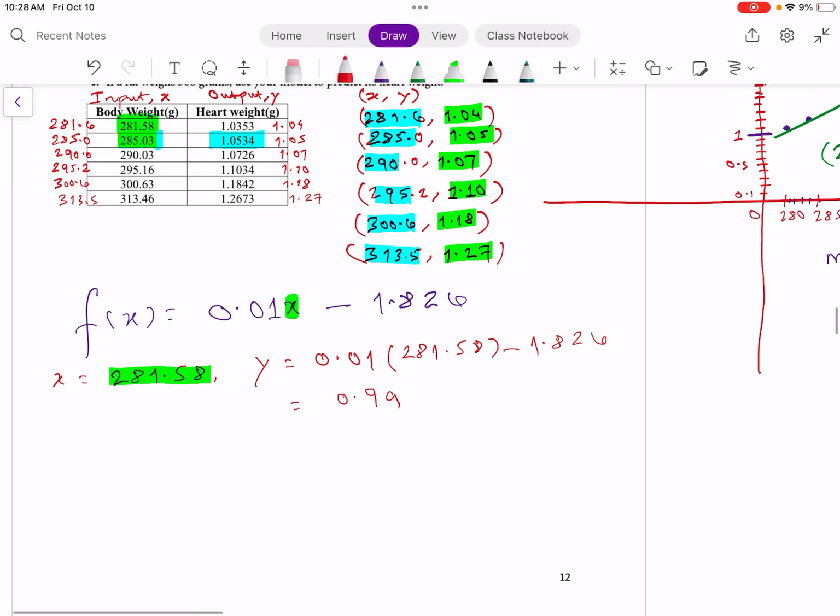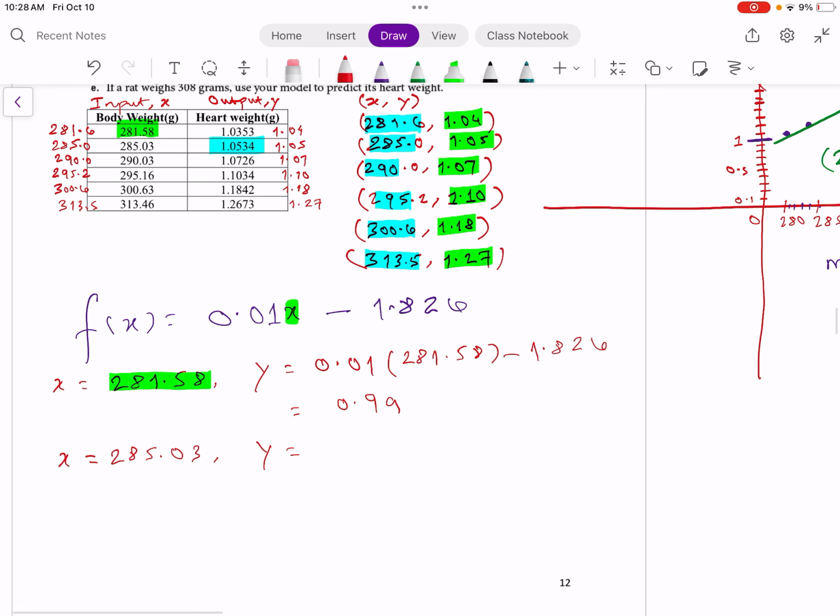Now in a similar way, let's take another body weight. Use the calculator and replace x by 285.03. What will be the value of y? It's going to be 0.01 times this number minus 1.826. 1.02.